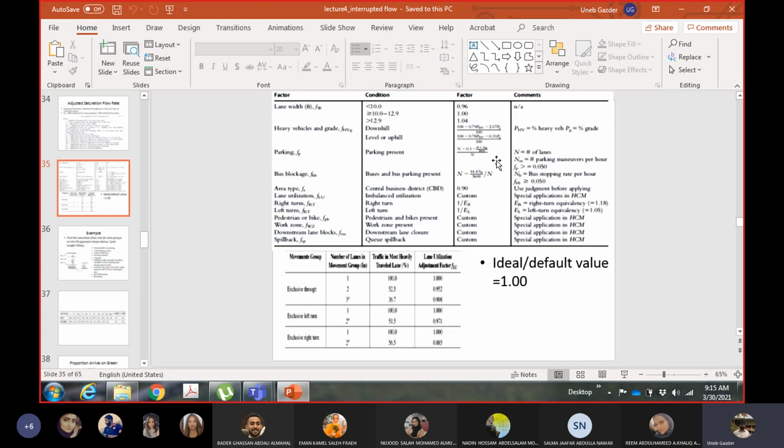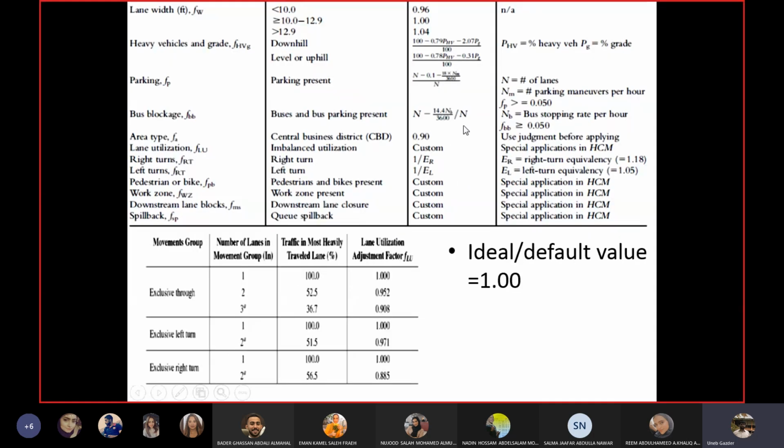Parking will be affecting the right and through lane. Okay, so this is the equation. I cannot even look at it properly. Let me see. Okay, so this is the equation.